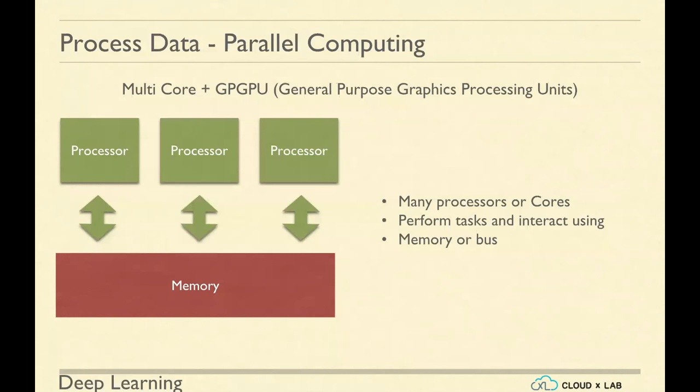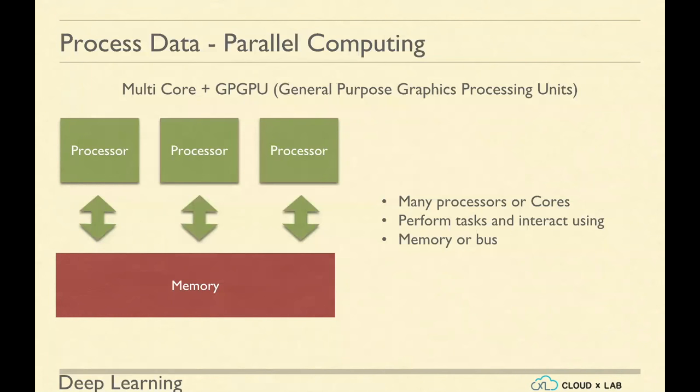In case your program is complex and it takes a long time to process the data, you might require GPGPU or simply GPU. GPUs have many processors on the same board talking to each other and communicating via the memory. And that's used in deep learning at a very high scale.